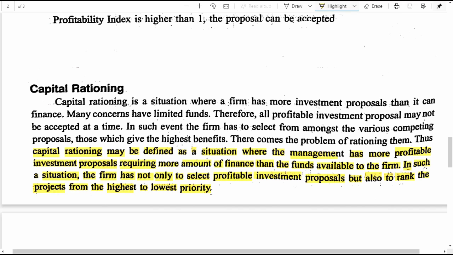In case your financial resource is limited or doesn't permit you to invest in all profitable projects available for your concern, this is the meaning of the concept capital rationing.